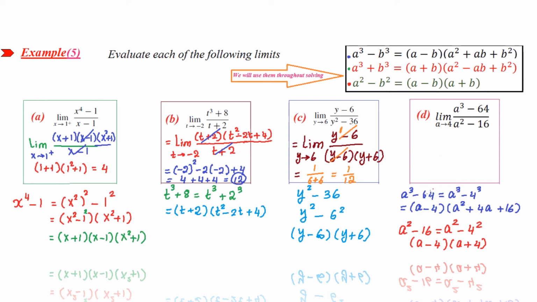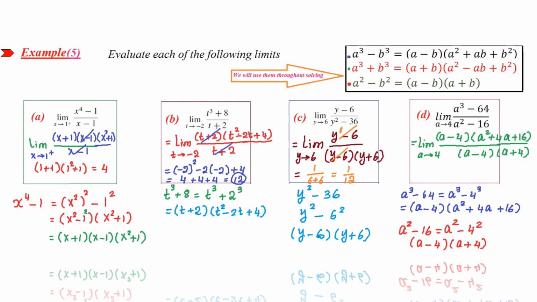By replacing the factorization for numerator and denominator, you will get limit a minus 4 multiplied by a square plus 4a plus 16 divided by a minus 4 times a plus 4 when a goes to 4.